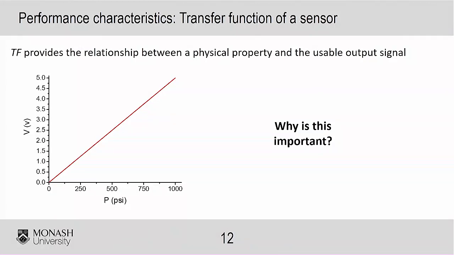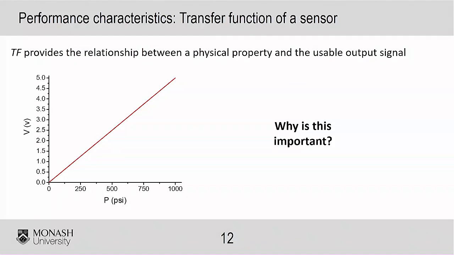A transfer function essentially provides the relationship between the physical property and the usable output signal. In this case, we just have a basic linear trace here where this is a pressure sensor. As the pressure increases in whatever vessel it's measuring, the output voltage of the sensor increases linearly. Very, very simple version of this, but why is this so important?